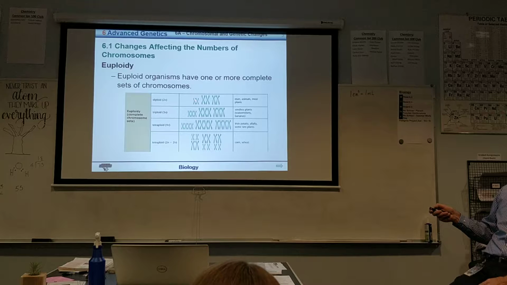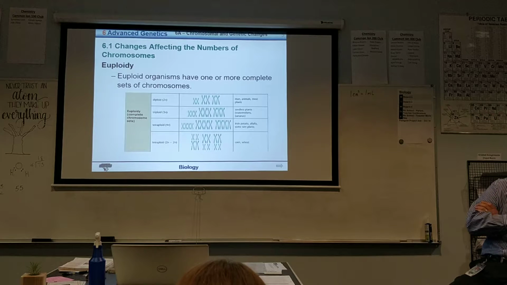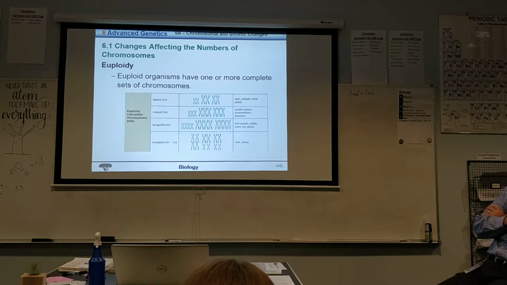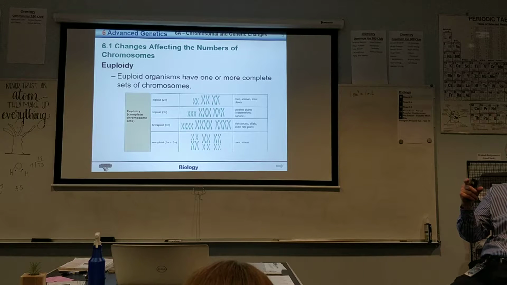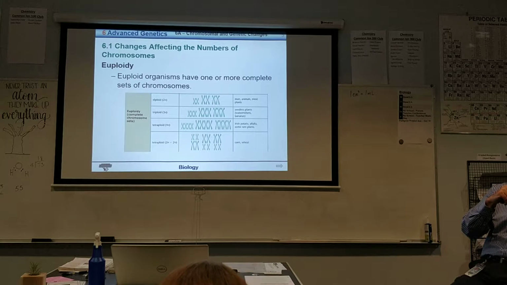Now here's a shorter one, we have two of those. Here's another bigger one, we have two of that one. Here's another bigger one, we have two of that. Notice that these are a little bit different, kind of where they pinch off in the middle is a little bit different place, so they're actually different chromosomes. And man and animals and most plants are like that, are diploid. So in other words, what we learned in the last chapter would probably fit humans, animals, and most plants.